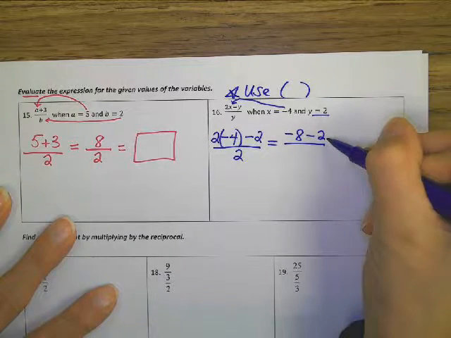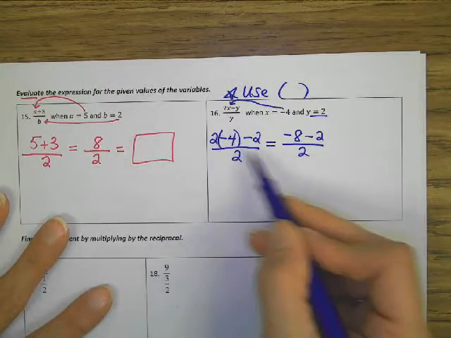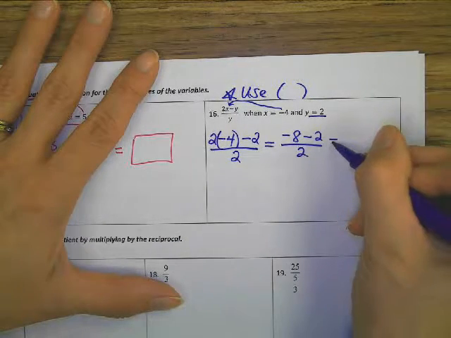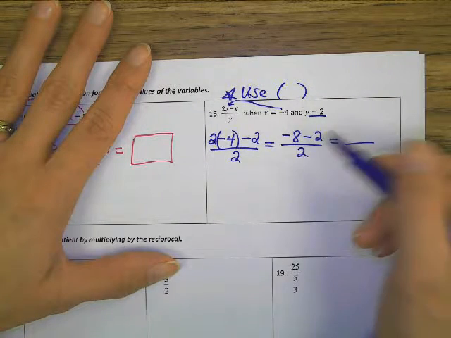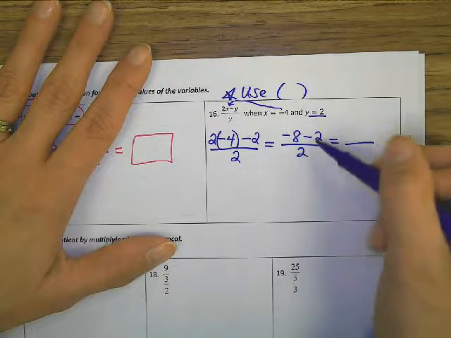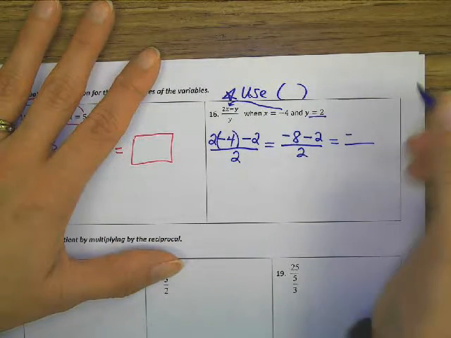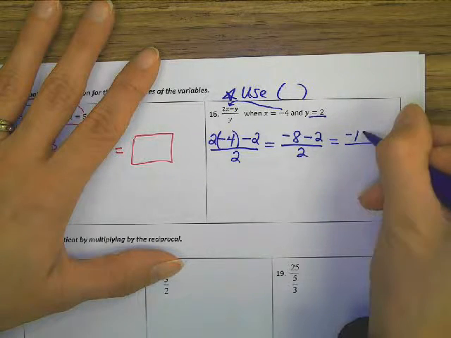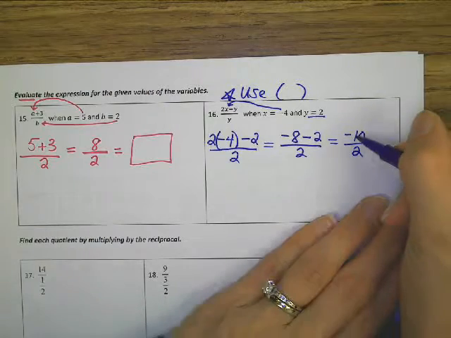Negative 8 minus 2. You can go ahead and use your calculator with the negative button if you need. The answer is negative 10 divided by 2. All right, what's a negative divided by a positive make? Negative. Oh, put your answer in the box right there. Put your answer in the box. Don't leave empty boxes.